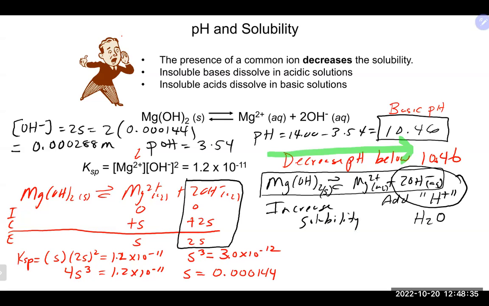You'll get more of it to start to dissolve, basically, in this case. And that's what it means when we say an insoluble base is soluble in an acid. As you add acid, you're removing the hydroxide. When you remove the hydroxide, it's going to allow more of it to break apart to produce hydroxide. Any questions on that there?